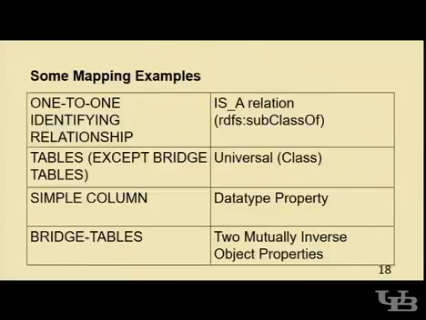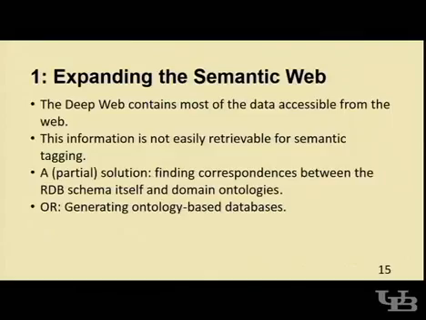So what is the problem with the semantic web? The semantic framework that we want to impose on the web can reach only the surface web, but not the deep web. The deep web is the part of the web that cannot be easily accessed and indexed by search engines.